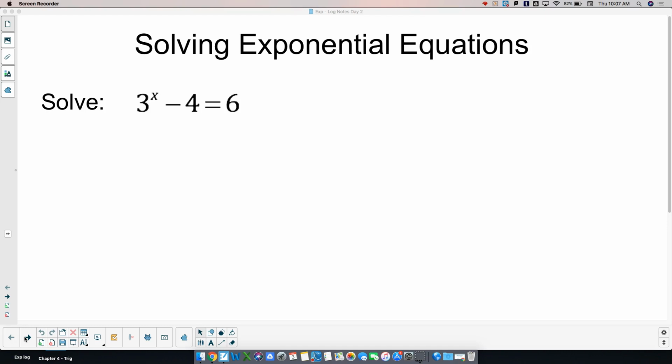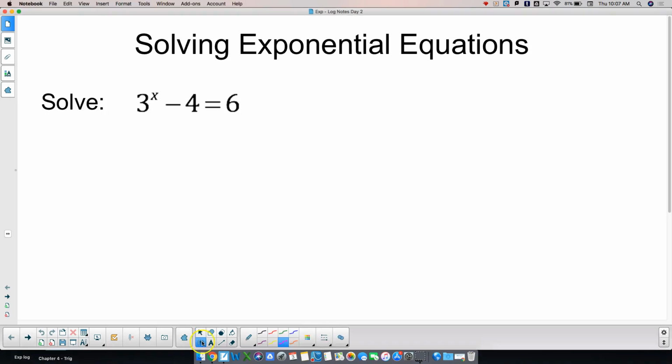So, this is which kind of equation? Regular, exponential, or logarithmic? Why is it exponential? The variable is in the exponent, so this is exponential.